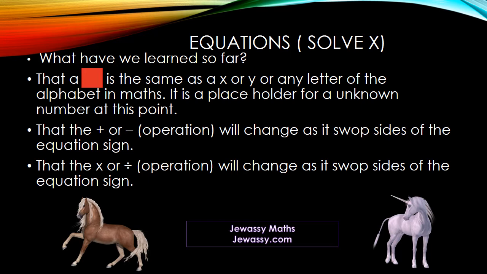So the same rule applies to multiplication and division. If the multiplication sign goes under the equal sign, it changes to division. And if it's division, it changes to multiplication. We've also learned that the letter in the algebraic expression or sum represents an unknown number or quantity that we have to find.